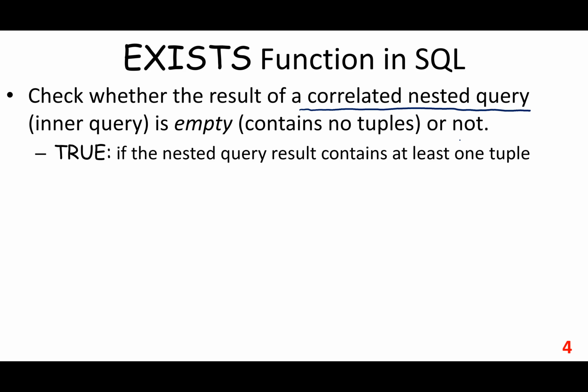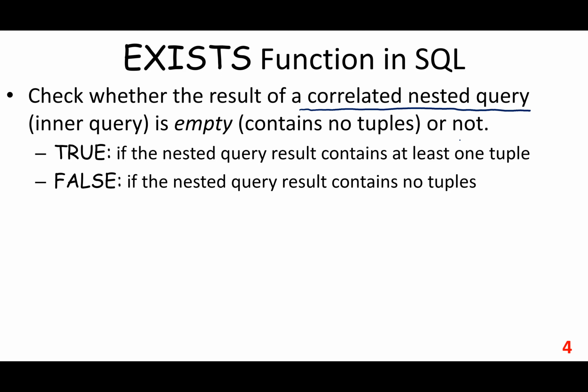EXISTS is true if the nested query result contains at least 1 tuple. The number of tuples in the query result is not important: 2, 3, more than 1, the function returns true. It is just nothing or something, that difference.